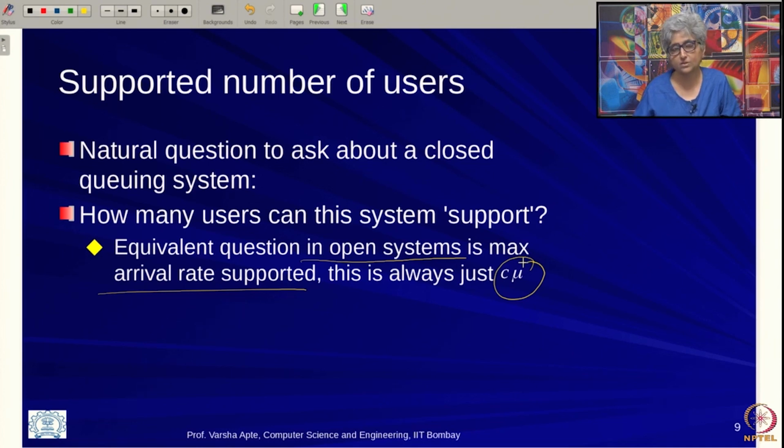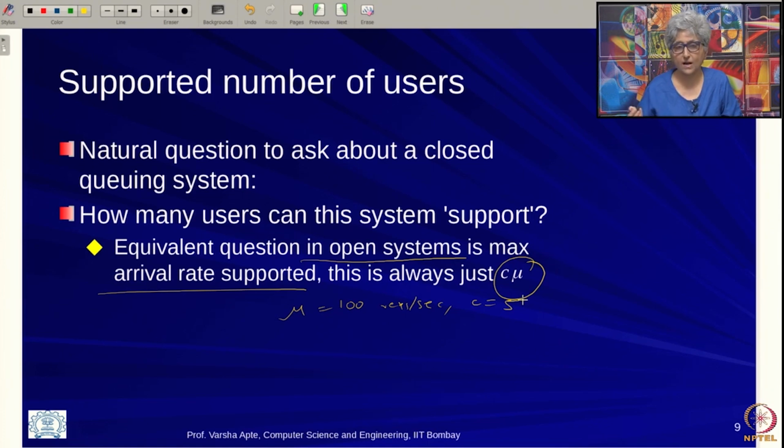Mu is the service rate per server and C is the number of servers, so the question to ask there was what is the capacity of the system. If mu was 100 requests per second and C was 5, we could say that the maximum this system supports is 500 requests per second.